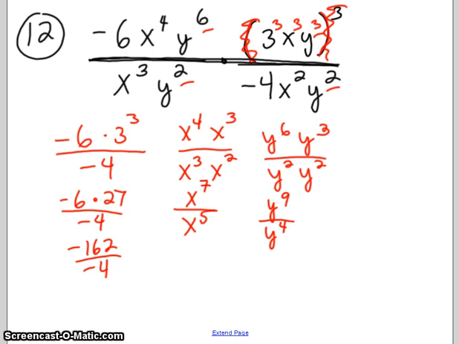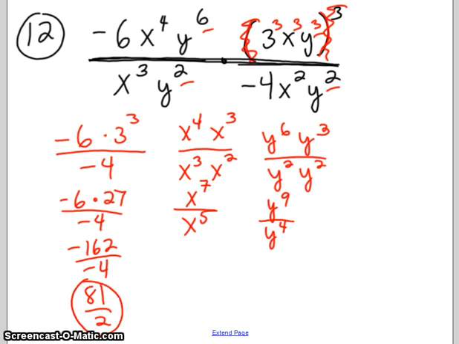So I'm going to divide both by 2. 162 divided by 2 is 81, and 4 divided by 2 is 2. So I have 81 over 2. Now you might be asking me, where'd the negative signs go? Well, we know that a negative divided by a negative is positive, so we're just going to leave that positive. And we're done simplifying the numbers.